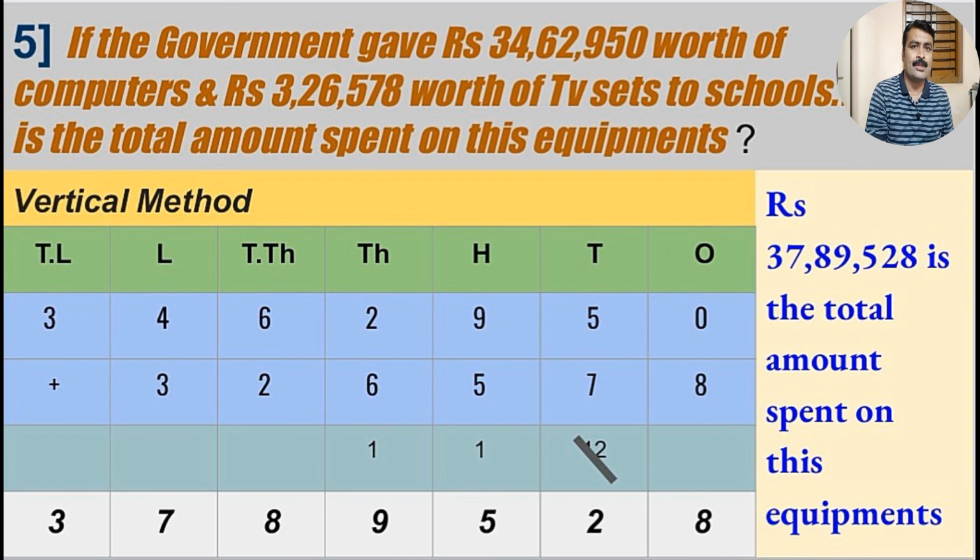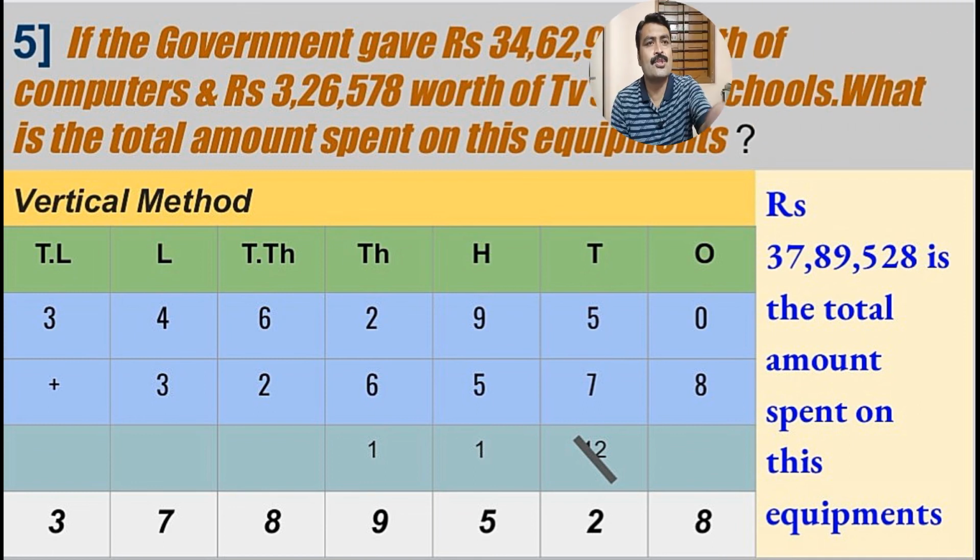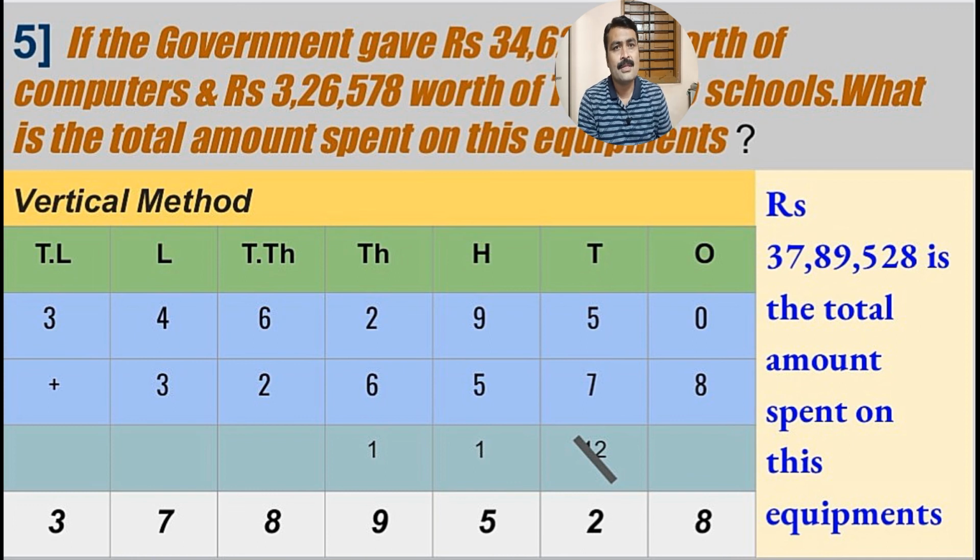So we are trying to complete your answer. Look at the last question given in our problem set, that is: what is the total amount spent on this equipment. In this last question we remove the question word and keep our answer.